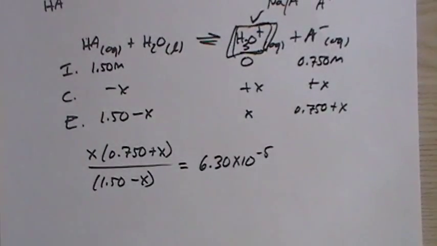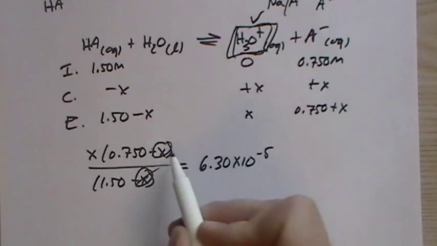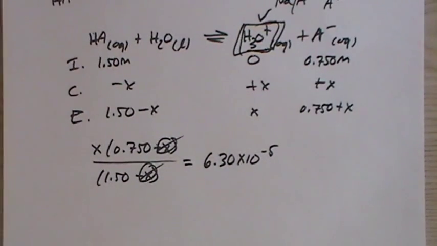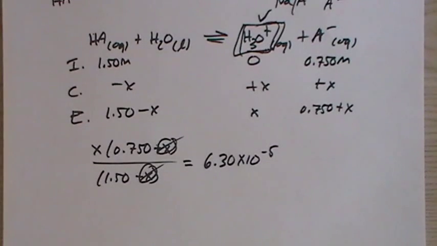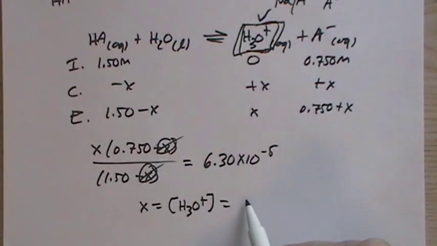I've done something wrong. Okay, now the approximation does hold. Look at that, nice. Now it's just a very simple matter of 6.3 times 10 to the minus 5 times 1.5 divided by 0.75, and X is the concentration. Now this time it's the concentration of H3O plus because there's nothing attached here.